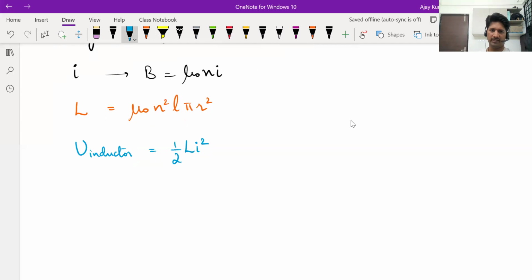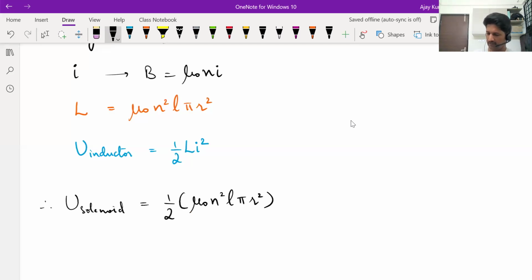So in a solenoid having n turns per unit length, length L and radius R, if a current I flows, then the energy stored in the solenoid becomes half L, where L of a solenoid is mu naught n square L pi R square, into I square. This is the energy stored in the solenoid.